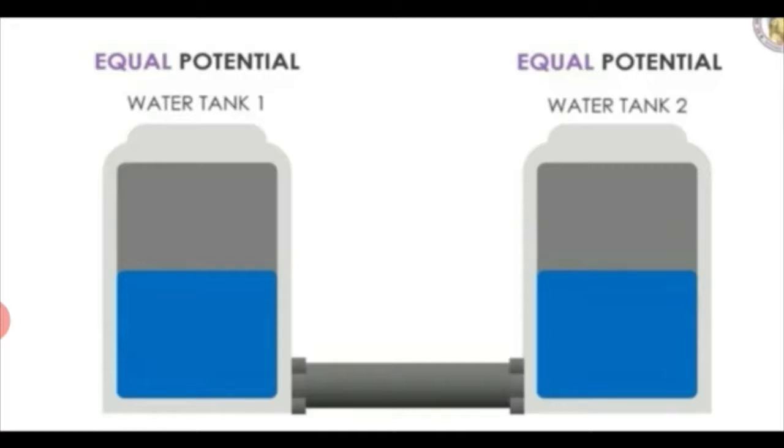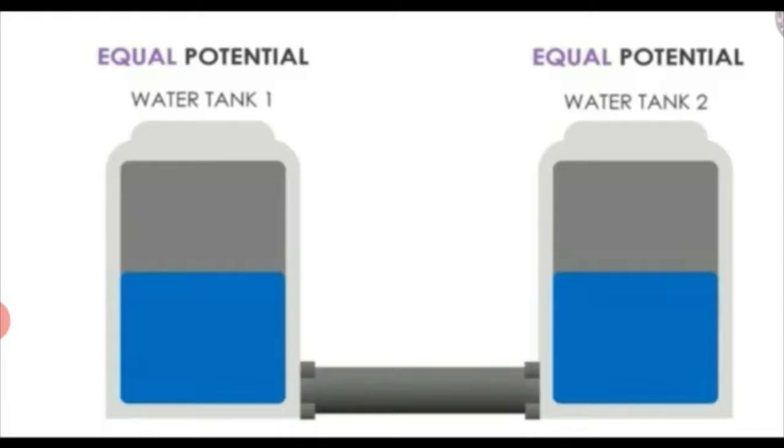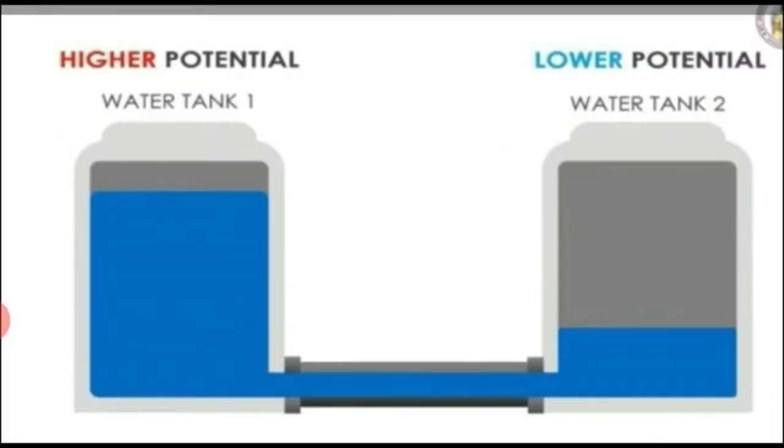Suppose you increase the level of water in one tank, will the water flow from one tank to the other tank? Yes. This is because the water flows from the higher level of water to the lower level of water, that is, from higher potential to the lower potential.